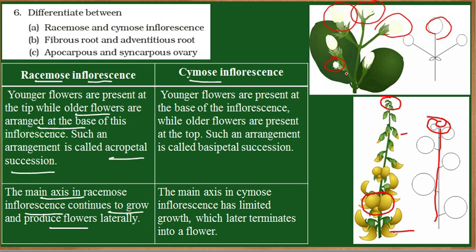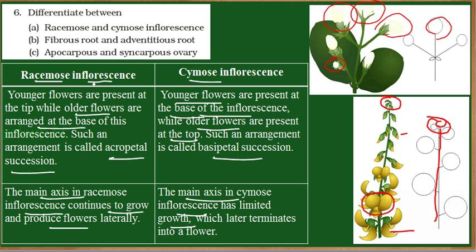Small and younger flowers are present towards the base. So in cymose inflorescence, older flowers are present at the top and younger flowers are present at the base. So such an arrangement is called basipetal succession. And here in the main axis, cymose inflorescence terminates with the flower and hence it has got a limited growth.